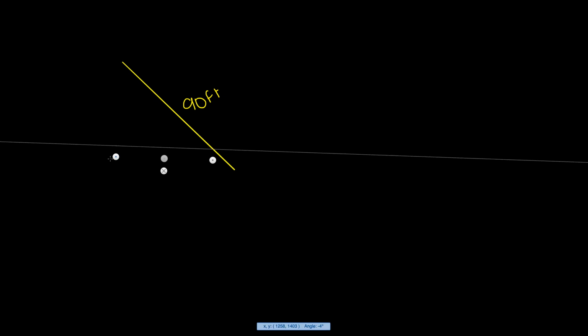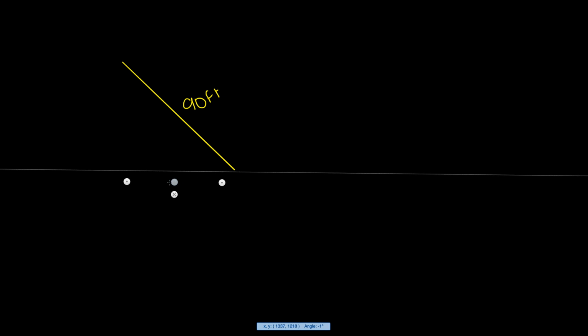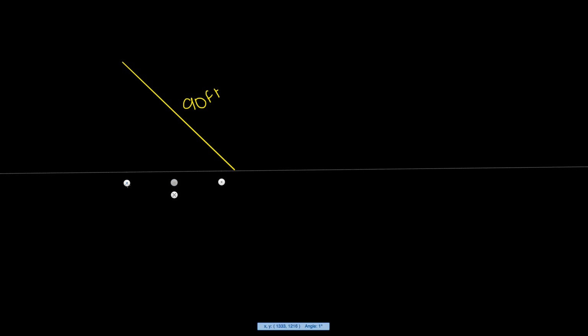And the angle of elevation to the balloon from the ground, so let me draw the ground here. This angle right here is going to be 60 degrees.